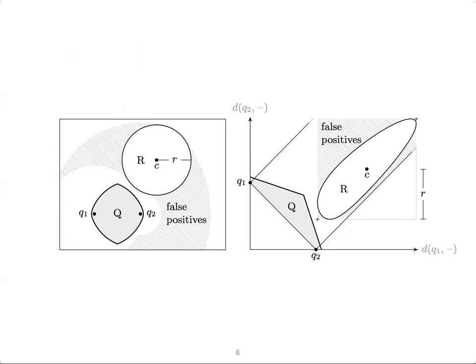And we are comparing this to a region R with a center C and a radius lowercase r. And on the right, we have plotted the same situation in pivot space or in focus space. It's the set of these distance vectors or feature vectors. So each coordinate is the distance to one of the queries.